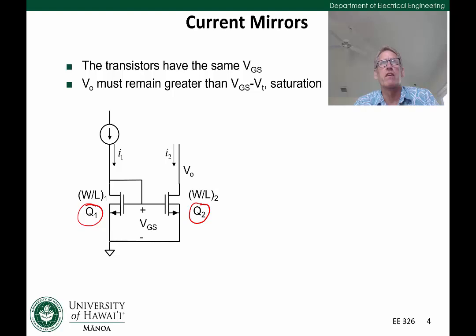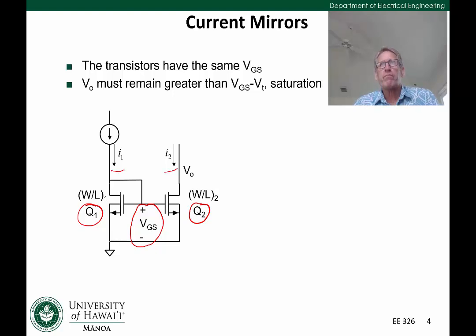We've labeled the current on the left side I1 and the current on the right side I2. The current on the left side is coming from some ideal current source, which we'll talk about a little bit later. The first thing we can notice is that the two transistors have the same VGS. Their gates are connected together and the sources are both connected to ground, therefore the VGS is the same.